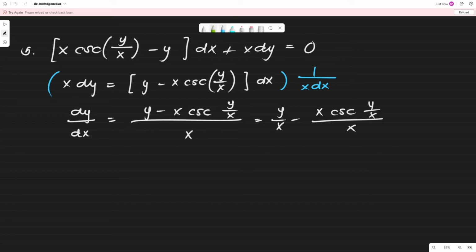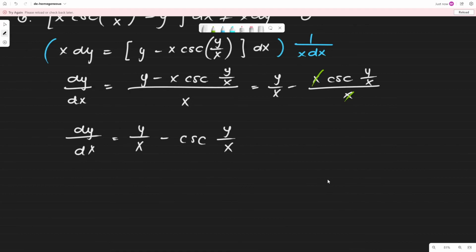Obviously, the x will cancel. So we are left with dy over dx is equal to y over x minus cosecant y over x. Guys, don't be scared when you see trigonometric functions in the equation. Stay calm, they might just lead to very simple integrals.